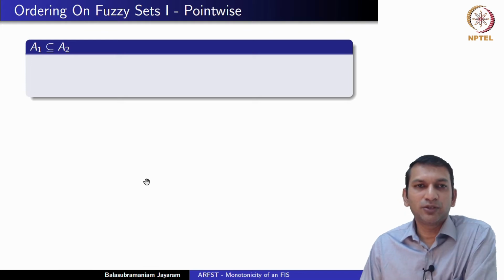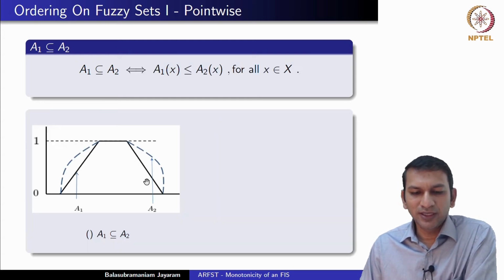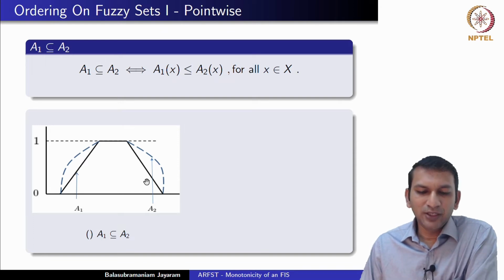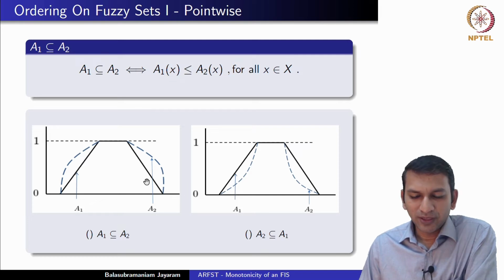This is the first, or natural, ordering that one would think of. We say that A1 is contained in A2 if and only if for every x, A1(x) is less than or equal to A2(x). It's essentially the pointwise ordering. We have seen examples. If you take these two fuzzy sets, clearly A1 is contained in A2. Here the other way around, A2 is contained in A1.